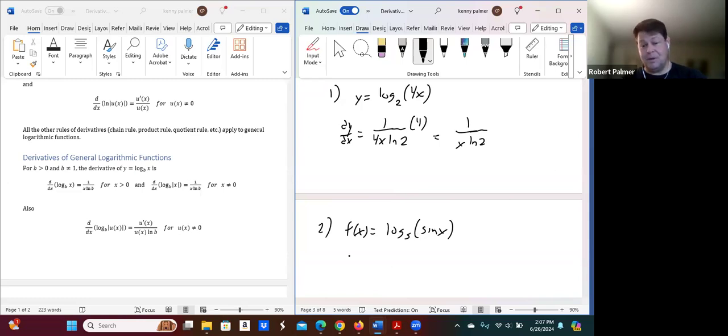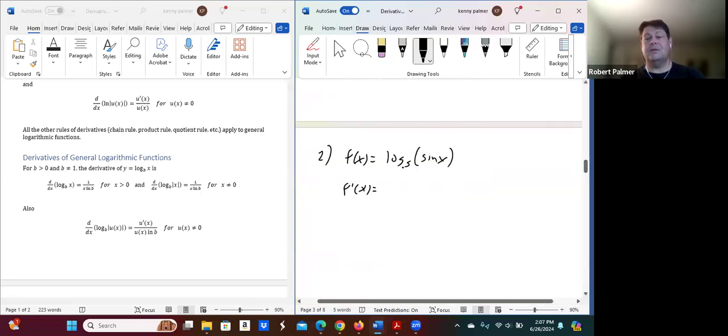But if we do this, then f prime of x, any log is going to be 1 over the something, 1 over sine of x, but then times the natural log of that base, natural log of 5.